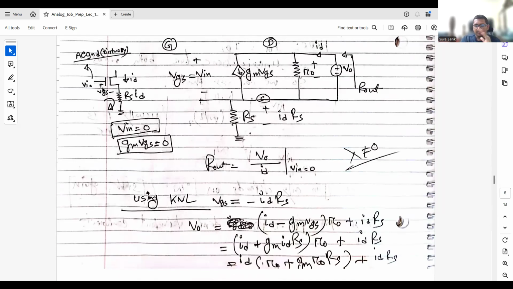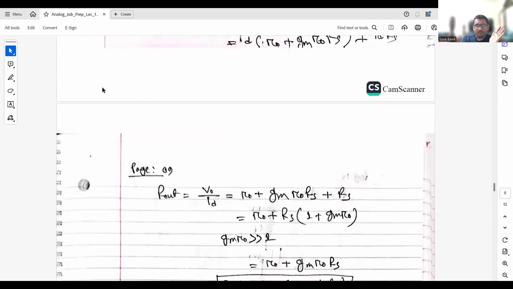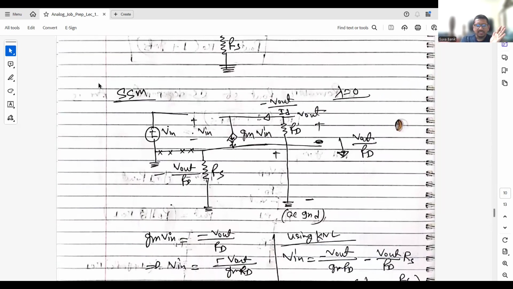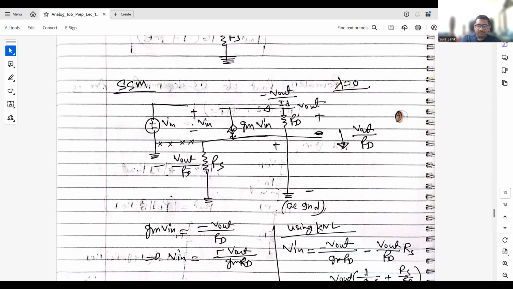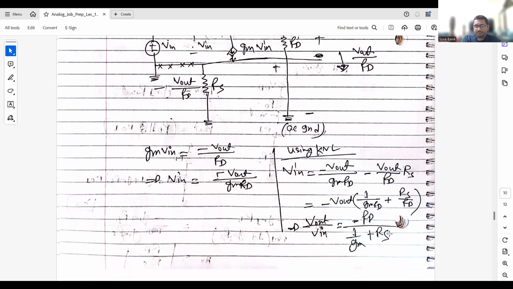On the gate side, in the small signal circuit, if we apply KVL on this side, the same current gm V in is also flowing through the RS resistance, which is minus V out by RT. If we apply KVL on this side, we can then find this equation, V in equals this, and we also know the V in value.